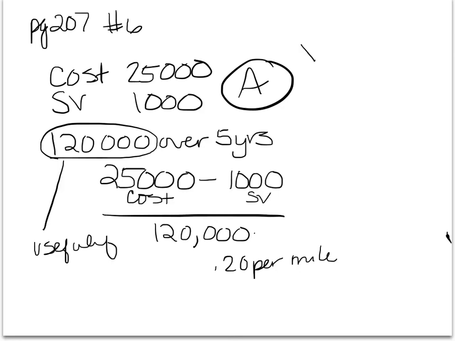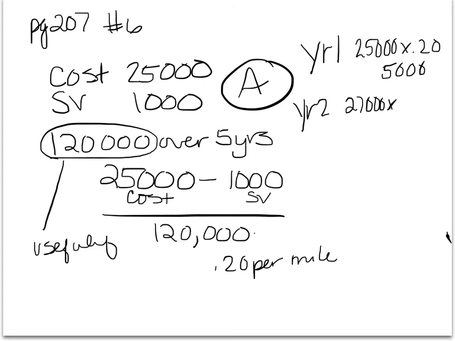For year 1, we drove 25,000 miles, so it would be 25,000 times 20 cents. So depreciation for year 1 would be $5,000. For year 2, we drove 27,000 miles, so it would be 27 times 20, which is $5,400 of depreciation.